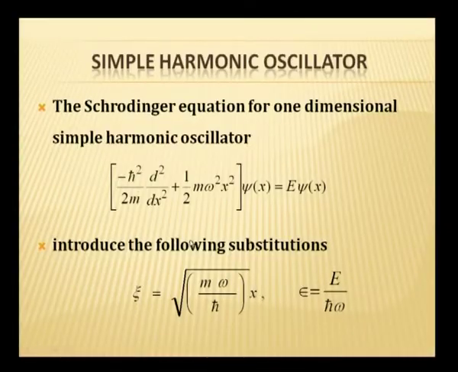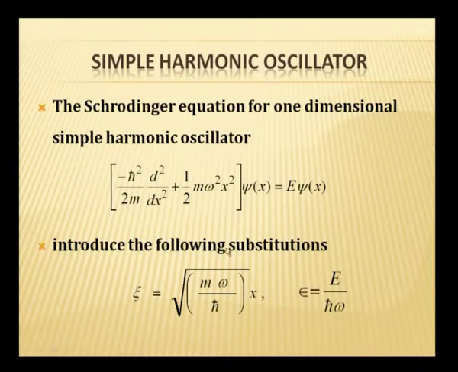The Schrodinger equation will now become, with the potential energy given as half m omega squared x squared, that is what you have here. Now, for simplifying the equation, you introduce the following substitutions: epsilon equals square root of m omega by h bar into x, where x is the displacement experienced by an atom, and E by h bar omega.